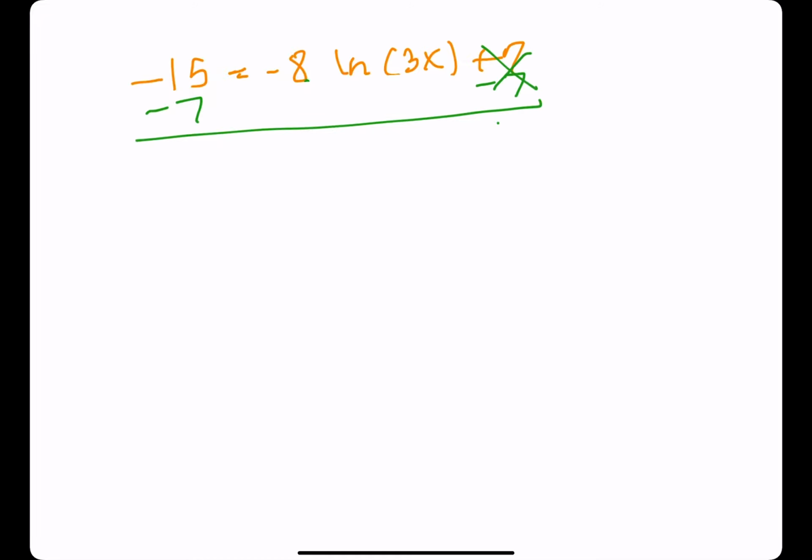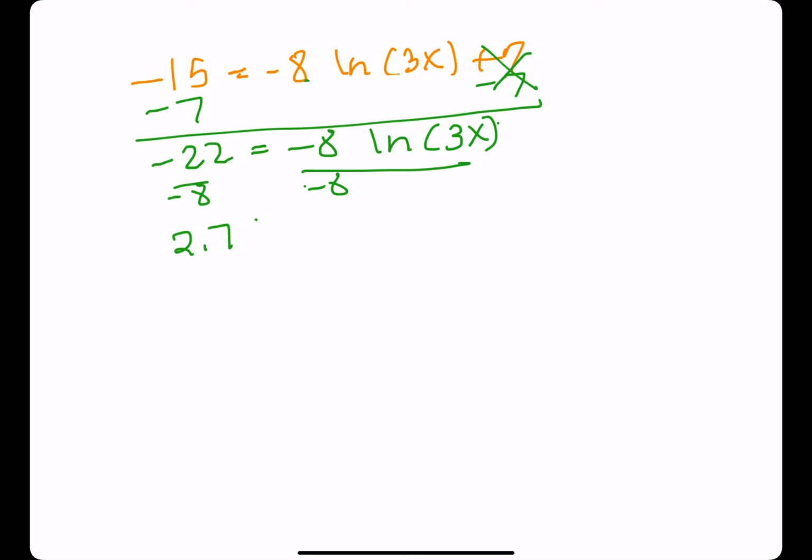So I have negative 22 here. Then I'm going to divide by my 8. Which leaves me 2.75.